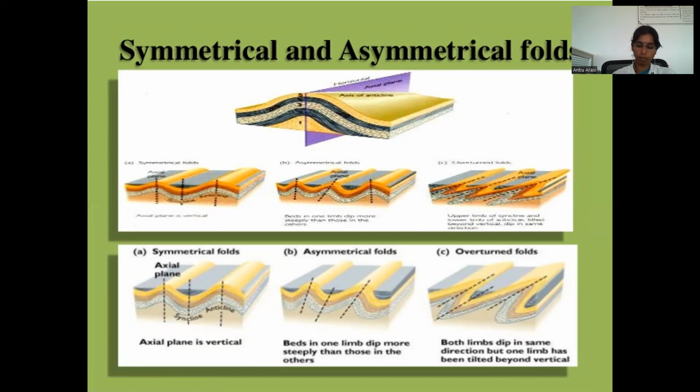In an asymmetrical fold, the axial plane never remains vertical, so both the limbs have unequal dips. And overturned fold: a fold in which one of the limbs appears to be rotated and completely overturned from its normal position is called an overturned fold. And let us see here the difference between the three folds: symmetrical, asymmetrical, and overturned fold.